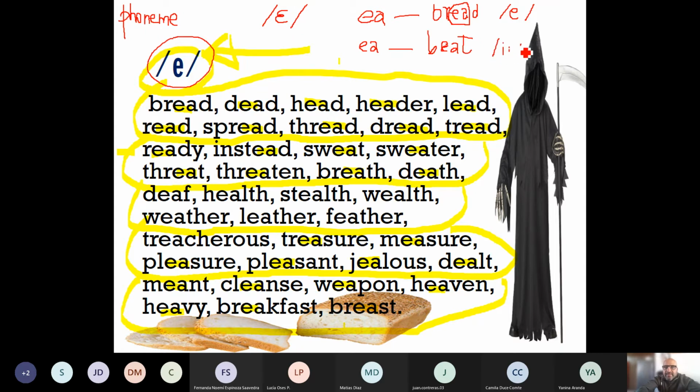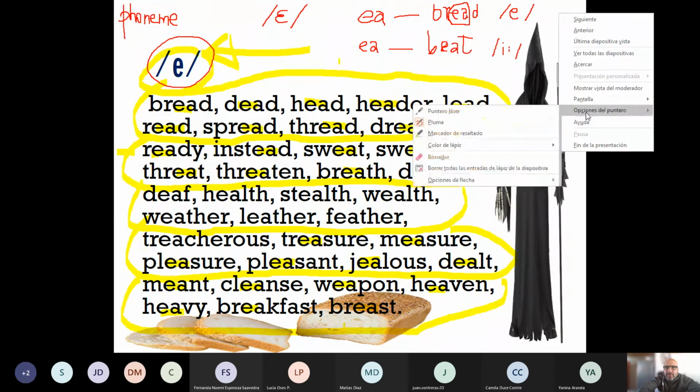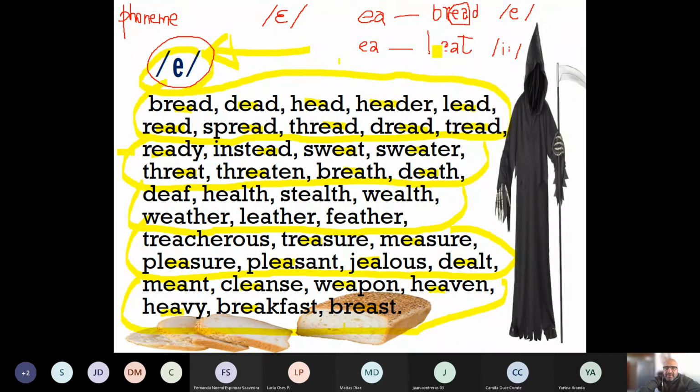So we can have the same spelling, and the pronunciation can be e as in bread, or i as in beat.